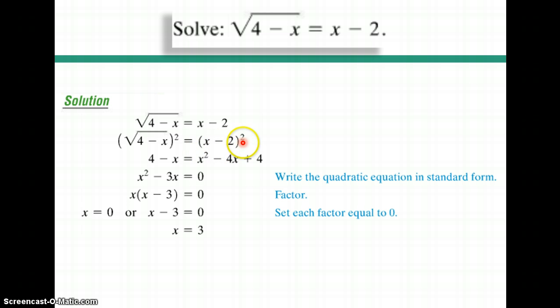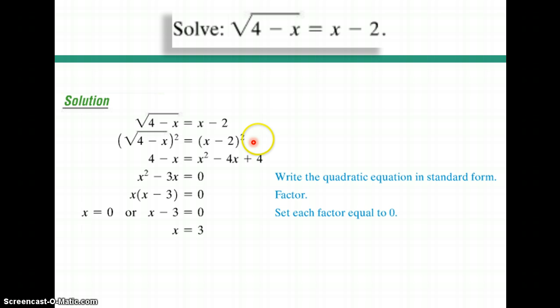x minus 2 square, which is equal to x minus 2 times x minus 2, and using the FOIL method, we can get x square minus 4x plus 4. This can be solved by using a square minus 2ab plus b square which is equal to a minus b whole square.